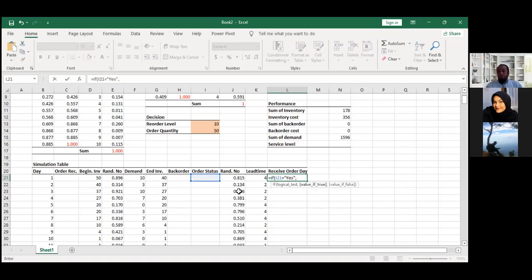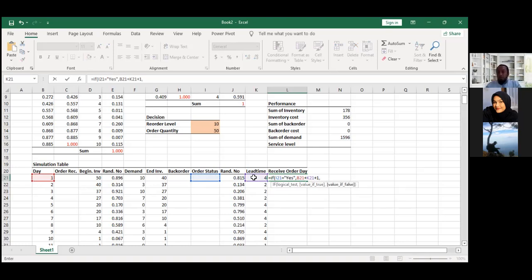Then we will receive the order starting from the day plus the lead time plus 1. So we receive the next day, after we wait for the lead time.